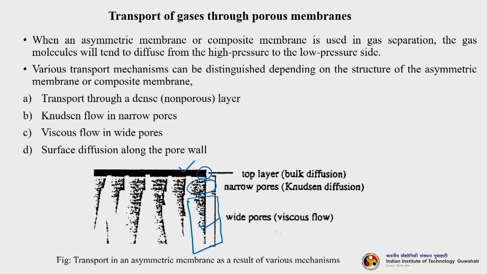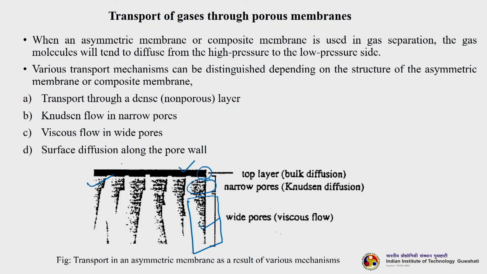Now, if you closely look at how the transport is happening, in the first top layer bulk diffusion occurs, and it is made as thin as possible, so that the thickness of the membrane provides very little resistance to the flow. When you come down to the next layer, where the pores are narrow, since the pores are small, Knudsen diffusion will be prevalent.